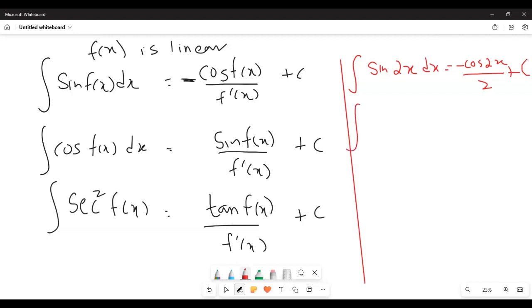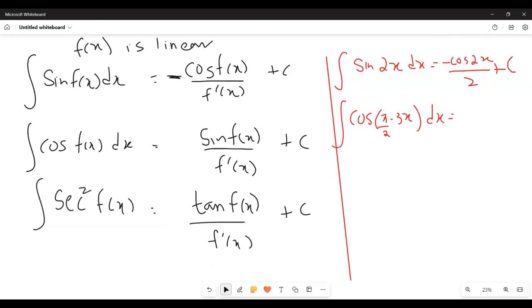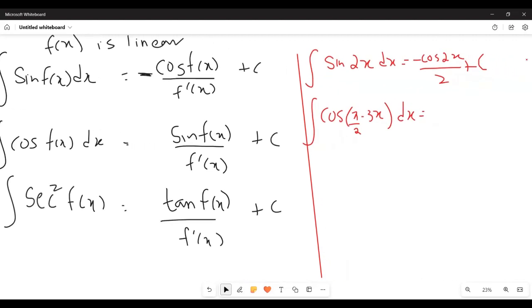Integration of cos of pi upon 2 minus 3x dx. The function fx is still linear because the maximum power of x is 1. We apply the same rule.